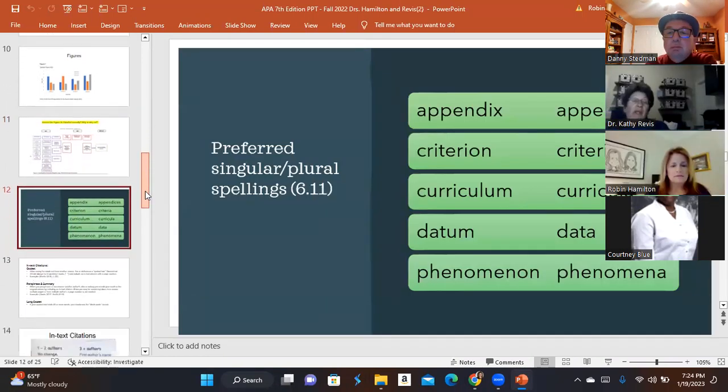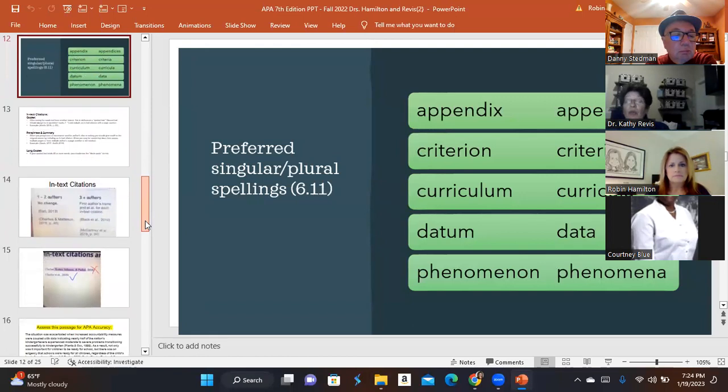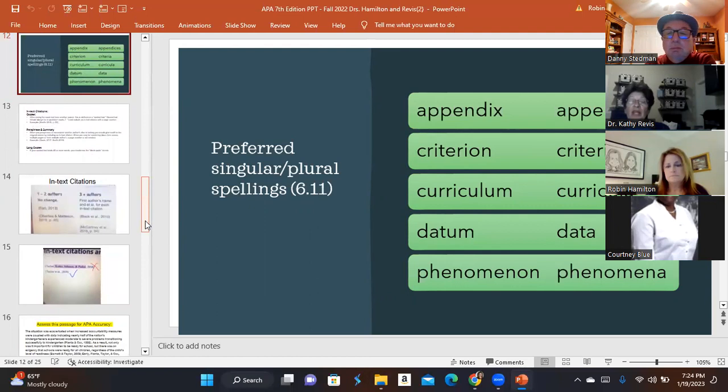So here are some preferred singular and plural forms. Remember, on the left-hand side, those are the singular forms of the words, the plural form on the right-hand side.